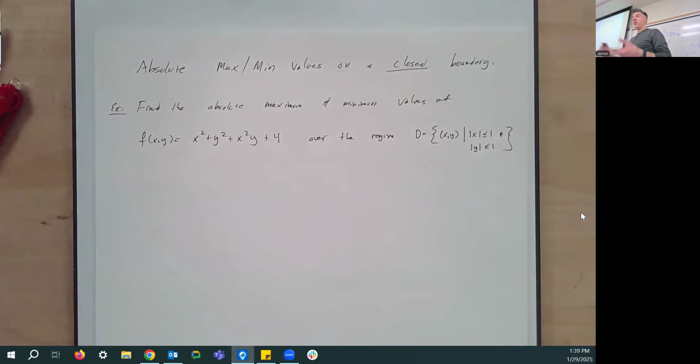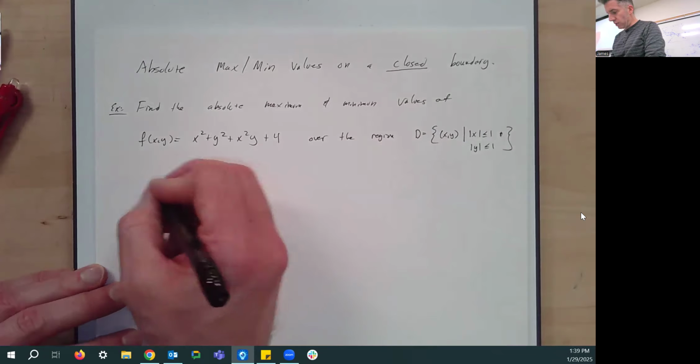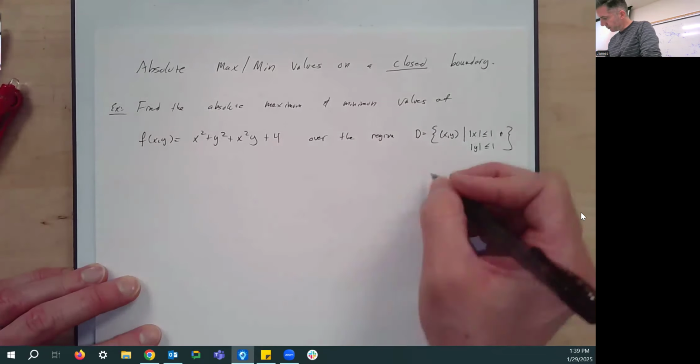Or in other words, the square where x and y are both between -1 and 1. So I'll point out that our region D looks like this.